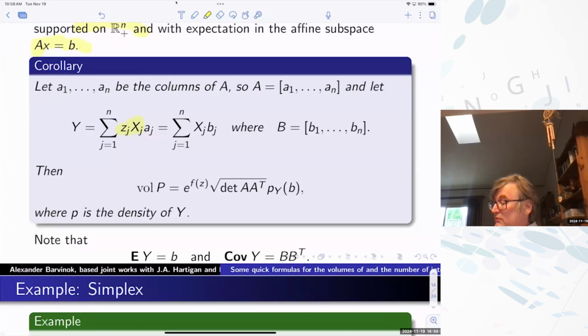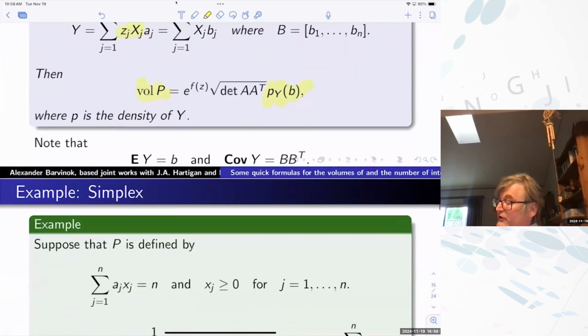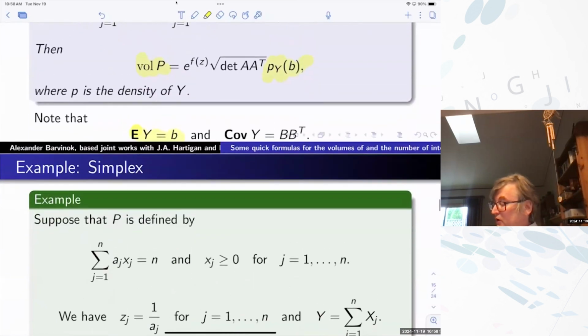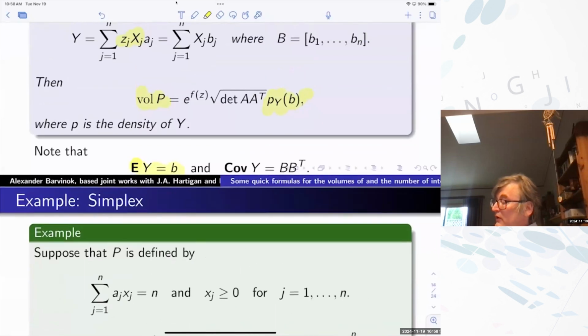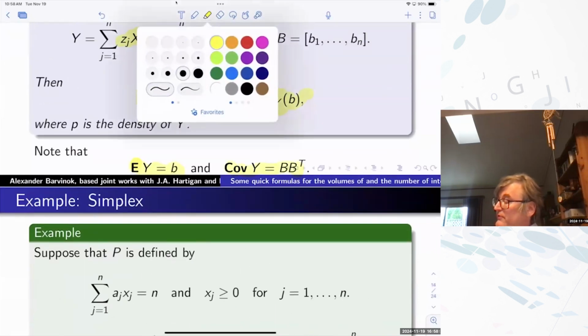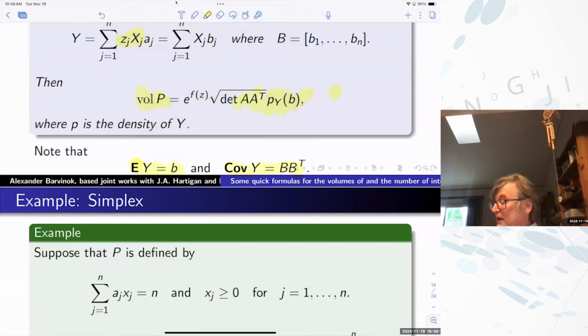Then the volume of the polytope can be expressed exactly as the density of that random variable at its expectation. And that turns out to be enough to get that estimate on the volume. So why is that? Because you know the expectation, and you can always assume that the covariance matrix is the identity matrix by changing your matrix A here.